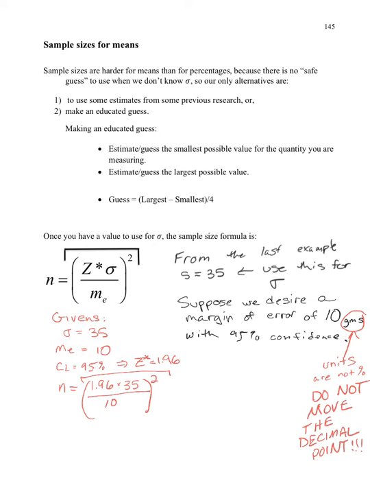Square the whole quantity, gives us 47.06. Okay, but we have to round that up. If we want even a small part of the turkey to get our margin of error of 10 grams, we need to take the whole turkey. So round up just like with sample sizes for percentages.